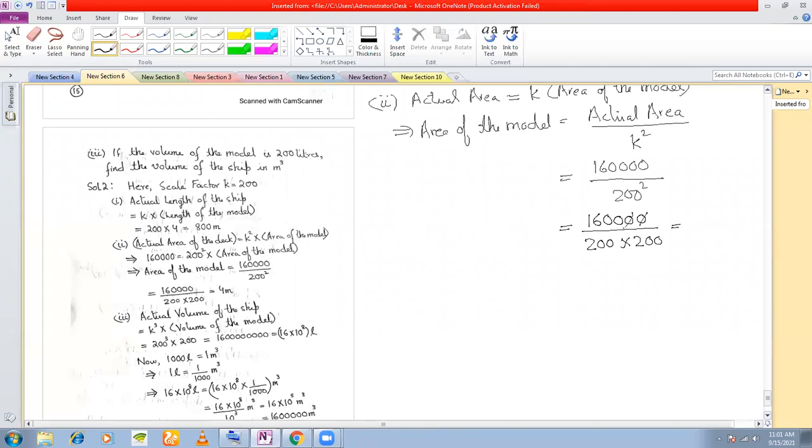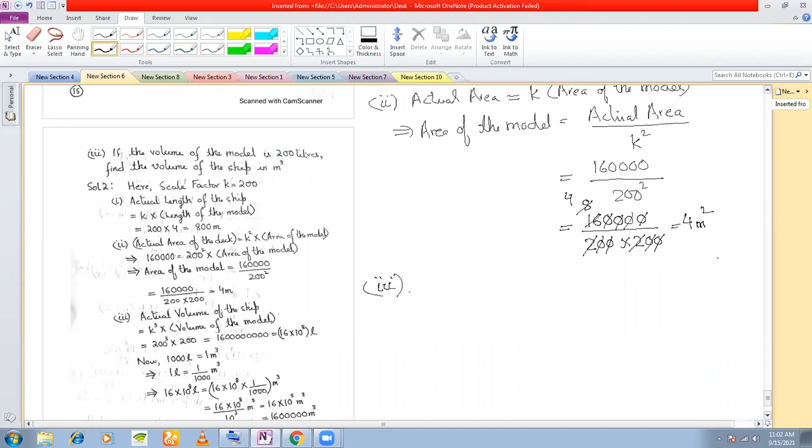The 4 zeros are going to cancel. And so what is the area of the model? 4 meters square is the area of the model.